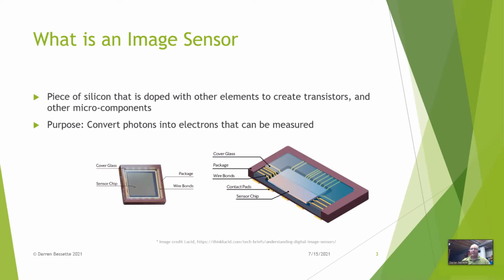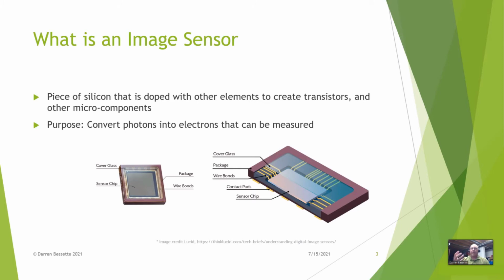So with that, let's talk about what an image sensor is. There are several different aspects to a sensor. All sensors start with a piece of silicon, and that silicon is doped, meaning they introduce elements into the silicon structure to create pockets of different materials. Those materials act as a way of creating positive and negative areas within the sensor, and that's essentially how a transistor is created.